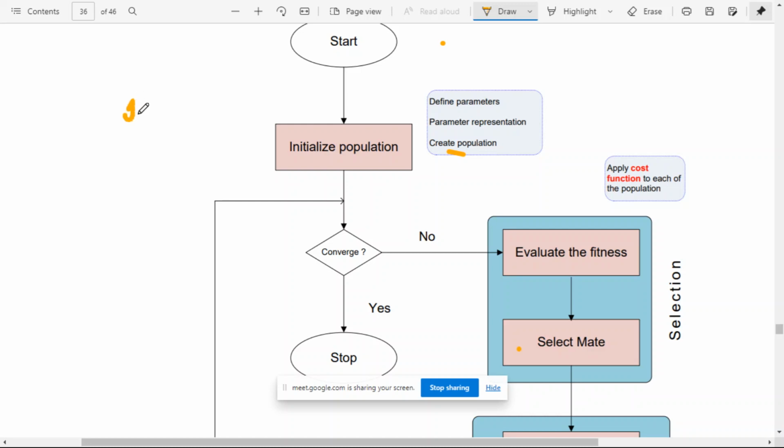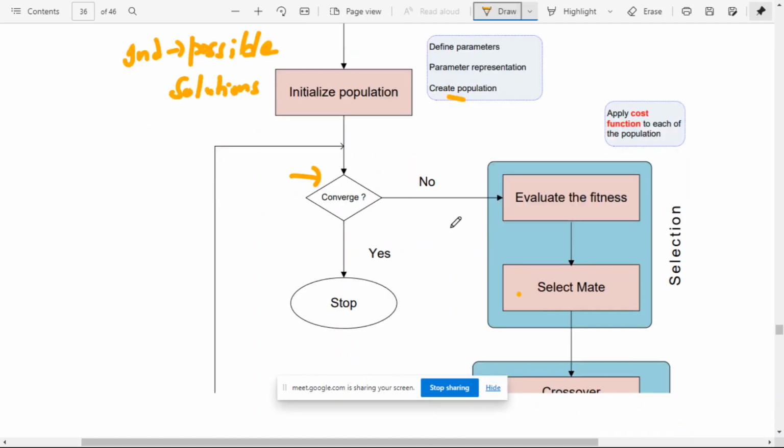Okay, each individual is a possible solution in the context of the genetic algorithm. From this population we pick a random solution, that is a random individual, and check whether it is converged or not. If it is not converged, then go for the next step, which is selection.